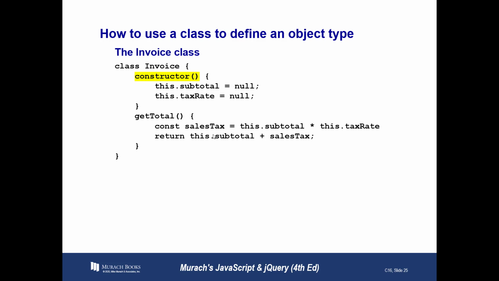JavaScript class designation has become more and more melded into pretty much the way that it looks in other languages. Not exactly, but pretty much. In other languages, this right here would probably not be called constructor. It would be just called invoice. Not class invoice, just invoice. But this is the constructor. Okay.